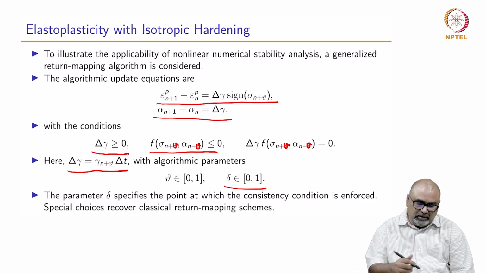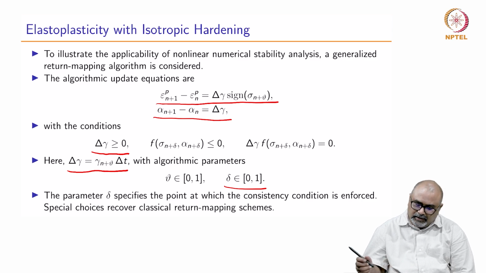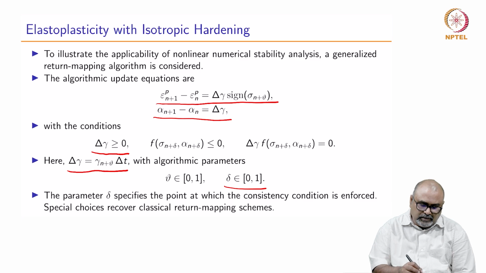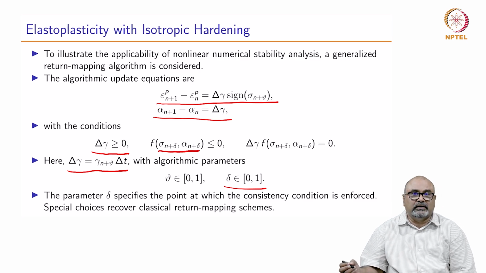So, it can be different from the parameter v, or it can be chosen the same as parameter v. Special choices recover the classical return mapping schemes. So, for certain choices of delta which belongs to 0 comma 1, this consistency condition is going to be satisfied.